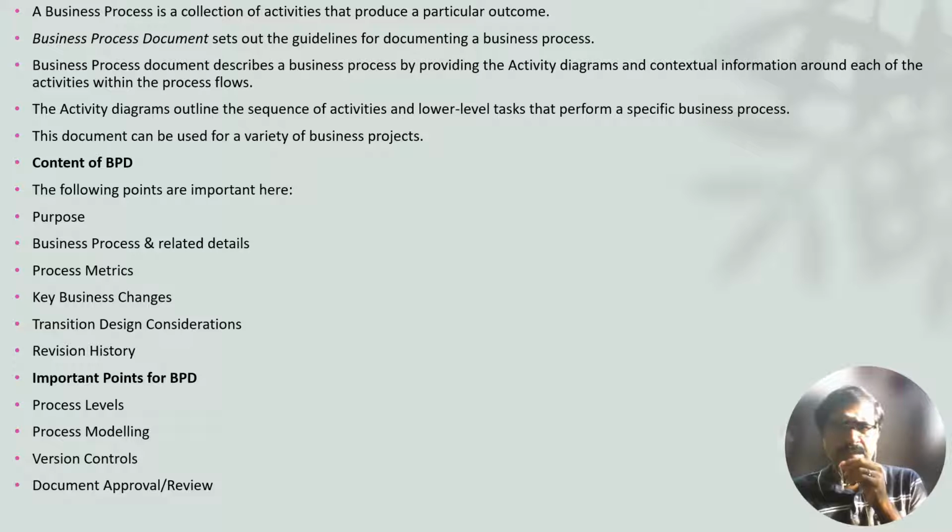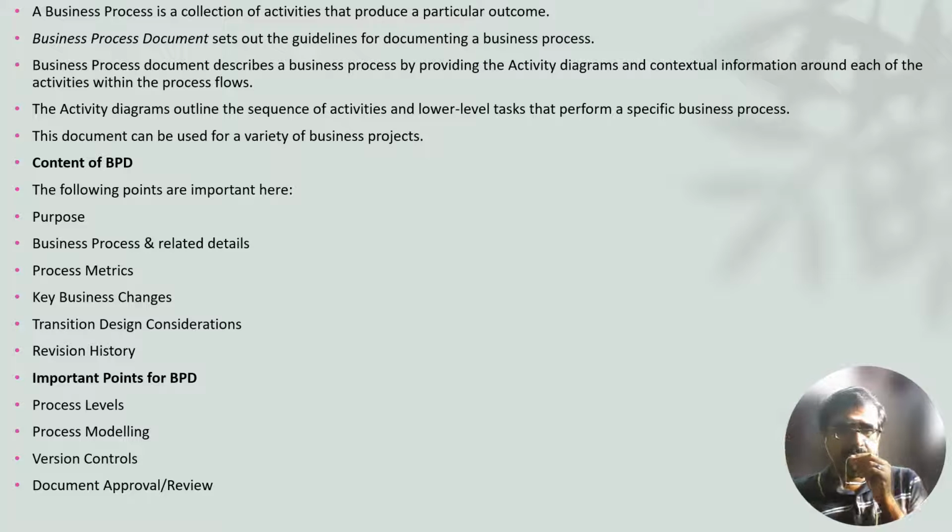Likewise, it's a flowchart kind of thing, right? So a flowchart where all the activities are mapped as a diagram, with the contextual information around each of the activities within the process flow. Either you can give it as a process flow or as textual content, right? If both are there, then it is good for everyone to understand.